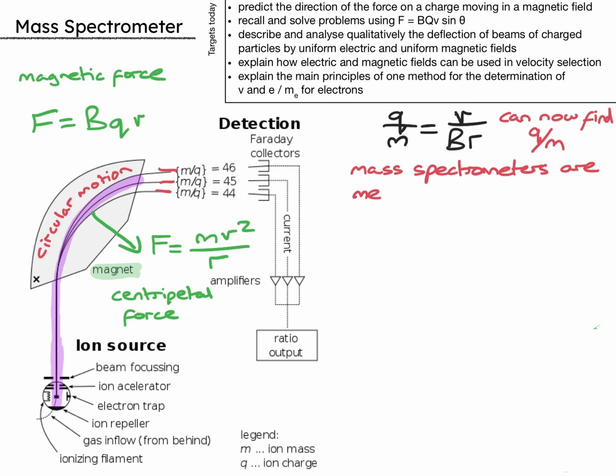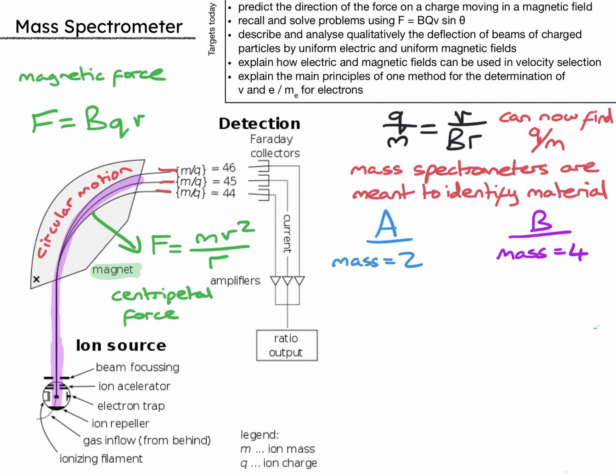Well, we're actually a bit stuck there, but it doesn't matter, because remember that the purpose of these machines is to find out what something is made of. Let's say it contains two elements, Material A has a mass of 2, material B has a mass of 4. They both get charged randomly, meaning that some ions have 1 charge, some have 2 charge, some have 3 charge.